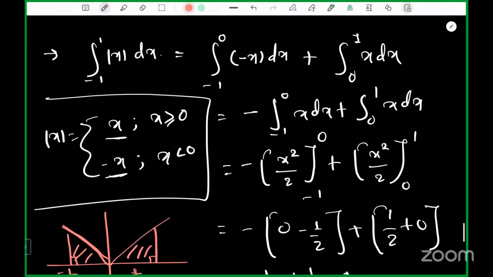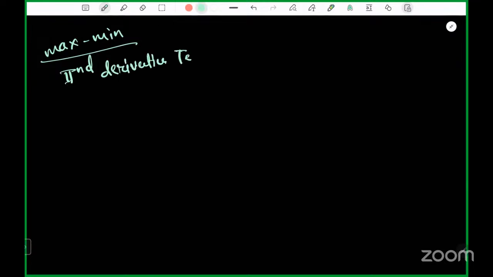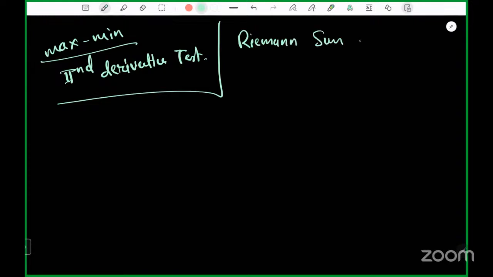Okay. So let's quickly recall whatever we have done. We have learned what the maximum and minimum values of a function are and how to find them using the second derivative test. Here we also learned about turning points and critical points, and there is a difference between them: every turning point is a critical point, but the converse is not true. Then we introduced the Riemann sum, what a Riemann sum is, and how it changes into definite integration, that is integration a to b f of x dx.